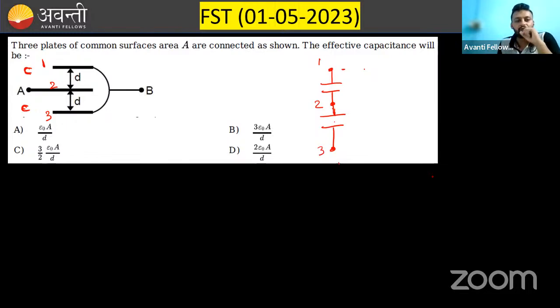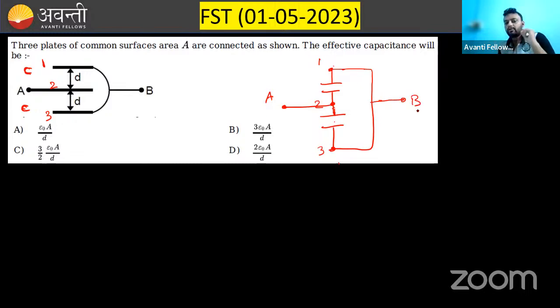Where is point A? Point A is at this point. And plates 1 and 3 are connected. And this is point B.